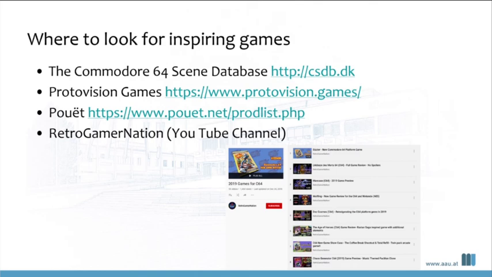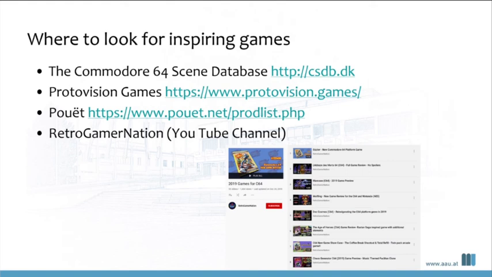So a good place to start with would be the Commodore 64 scene database, where basically all productions for the Commodore 64 are archived, and there is a section on games, and there you'll find all kind of games. There is also the webpage of Protovision games. They are selling games.